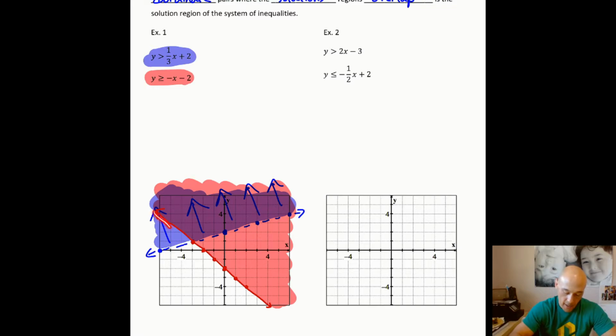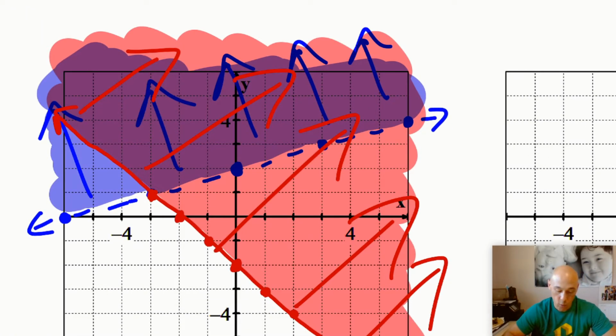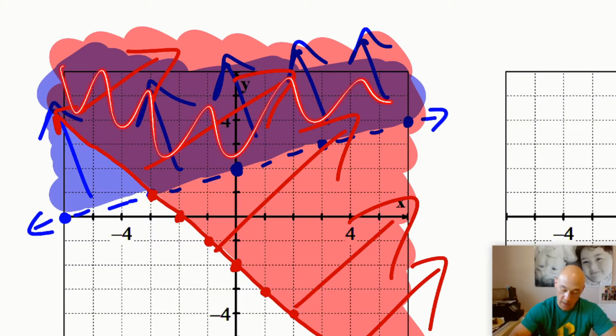For the red, the line is, and all of this is, and everything going out in that direction is. So we can see the overlap is right here in this area, and it would go forever in these directions. And you can see that where the arrows overlap, that is the solution region. So all this right here.